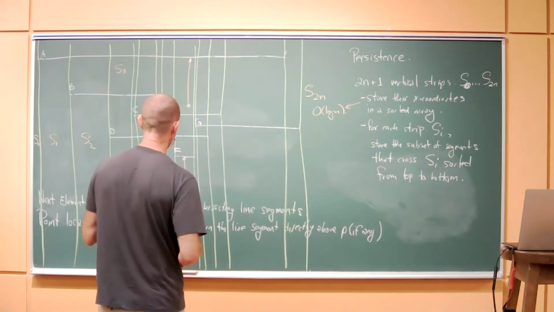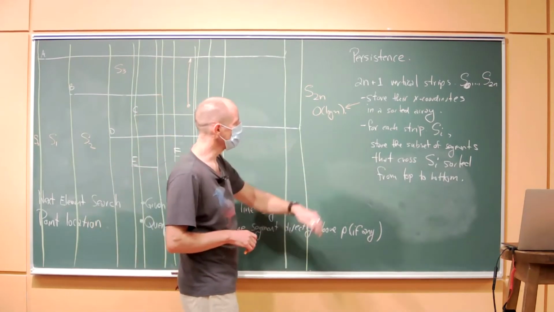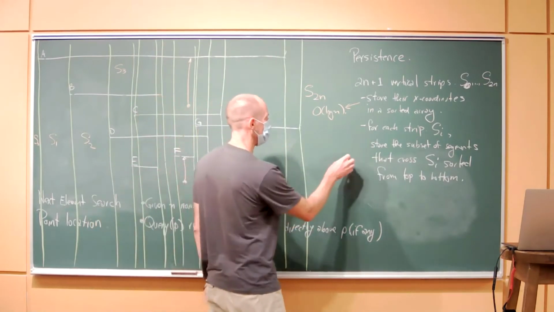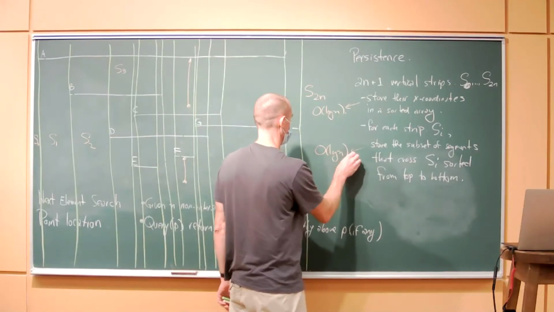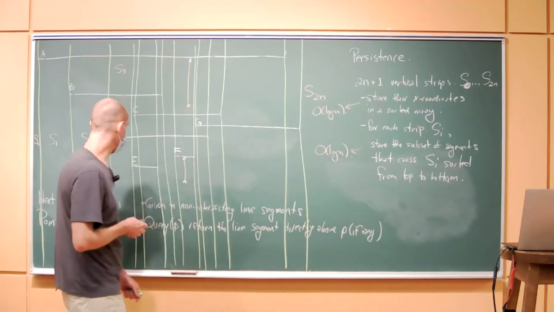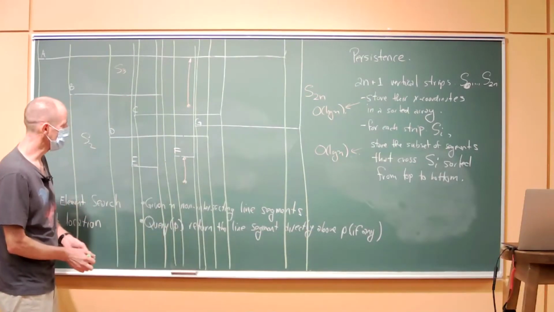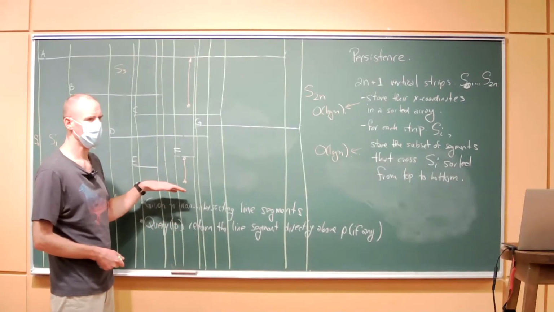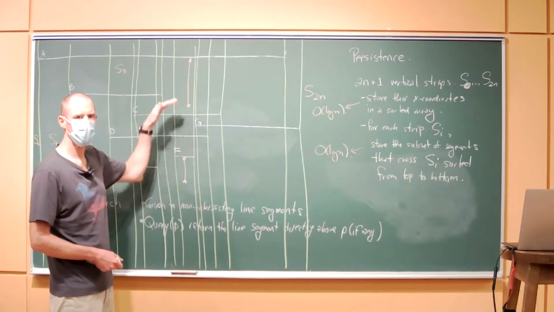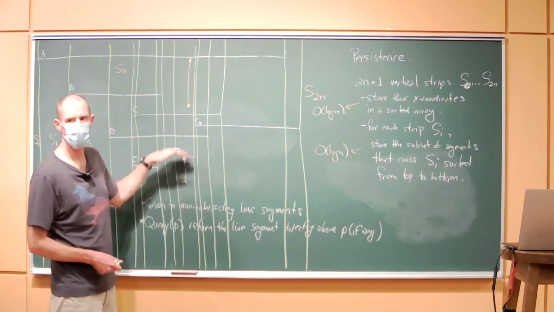So there are at most n things that intersect this strip, and we can search for that in O of log n time. So what we're doing is just 2 binary searches, one on the x coordinate of the point to find the strip we need, and then one on the y coordinate to find the segment directly above it.